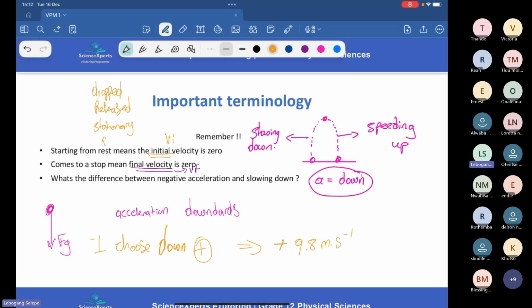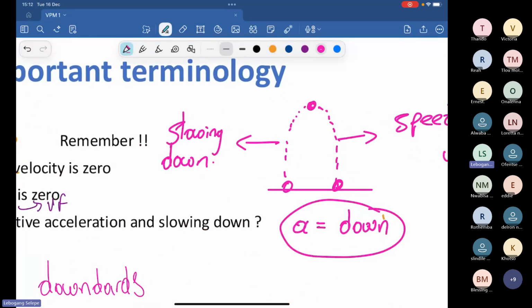For example, you throw an object up at a certain velocity, maybe 5 meters per second. When it reaches the maximum height, where it turns, its velocity is always 0 meters per second. Let's choose up to be negative.